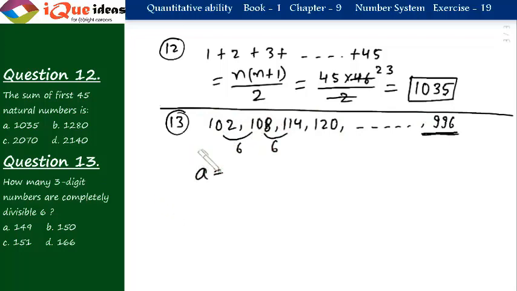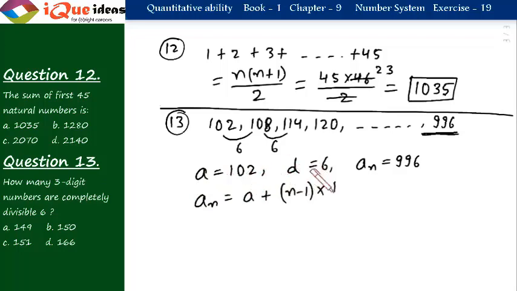Alright, so our first term A is 102 and common difference D is 6 and the last term AN is 996. And from arithmetic progression we know the formula AN is equal to A plus N minus 1 into D. Now in place of AN you put 996, in place of A you put 102, plus N minus 1, in place of D you put 6.